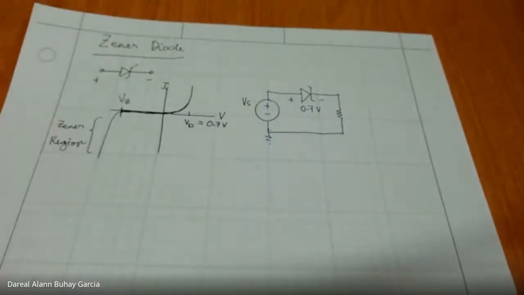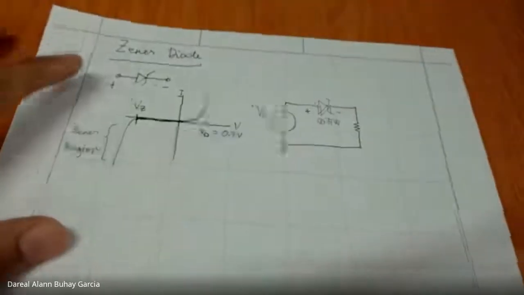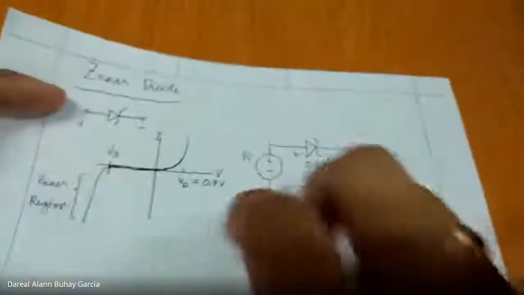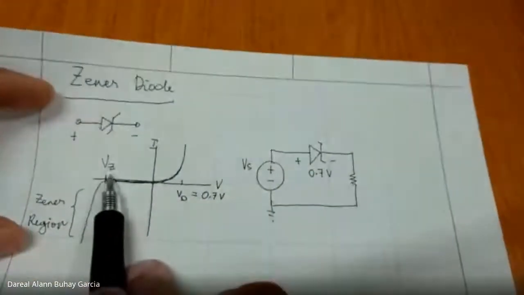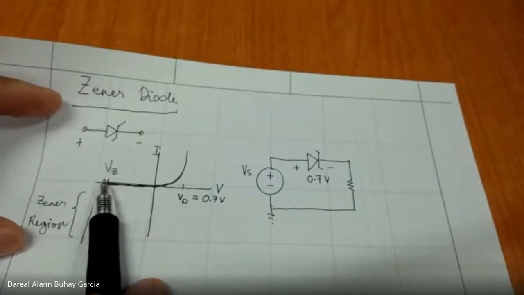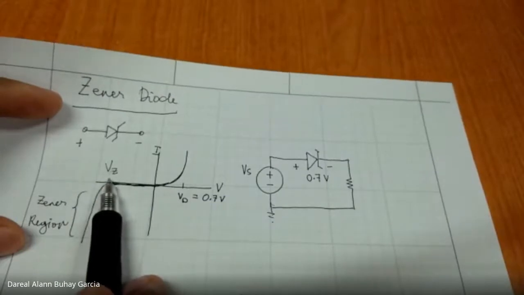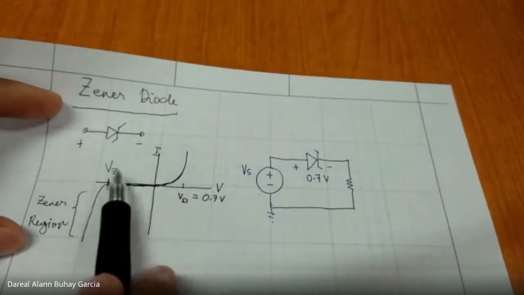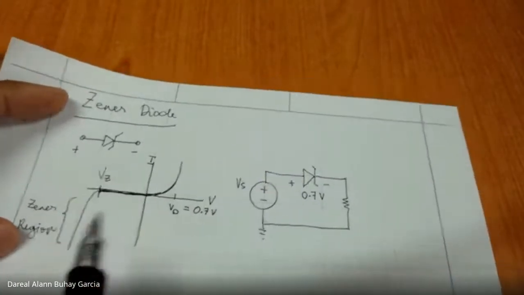So if that is its main purpose, that it could conduct at a negative voltage much larger than 0.7, what is its main application now?